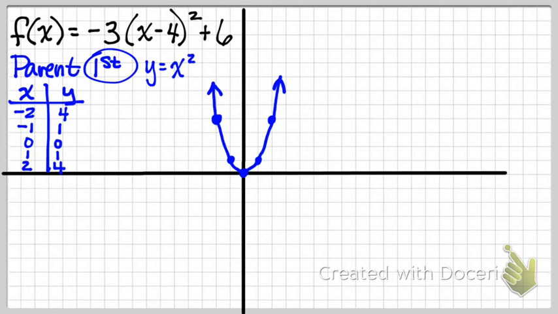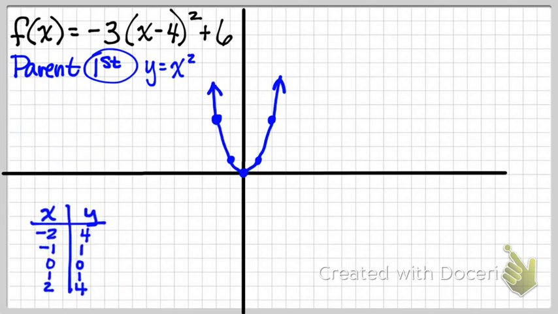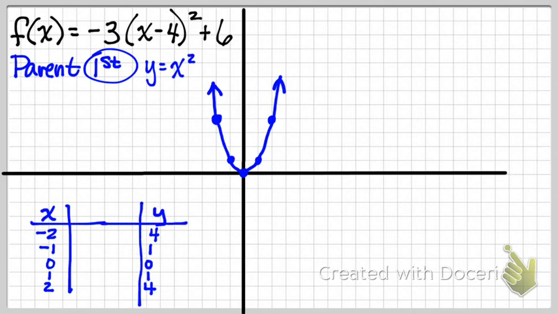I'm going to bring my table down a little bit. A lot of times I give you guys a double-sided table to work with, and we can use that for our transformation then. I would take whatever my h value is and I would add it to x. What is our h value here? 4.